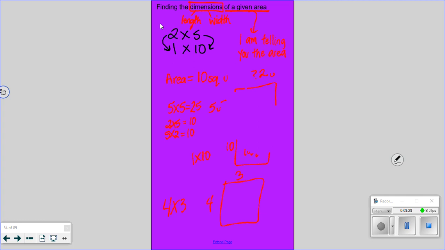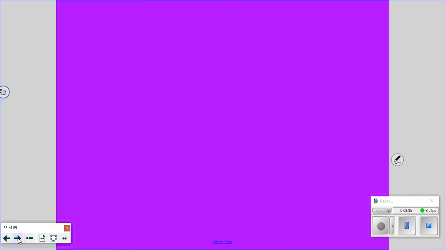So let's think back to when we did our 36. Remember when we did our 36? You do not need to write any of this. I just want to show you something cool that you can do with numbers. So we had a 1 by 36. Let's double my 1. What's double of 1? 2.